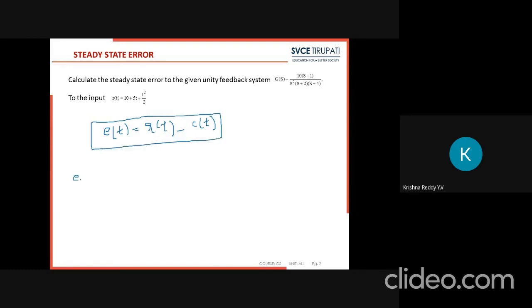The steady state error means, as the time tends to infinity, we are calculating the error; that is known as steady state error. Steady state error is equal to limit t tends to infinity, E of t.